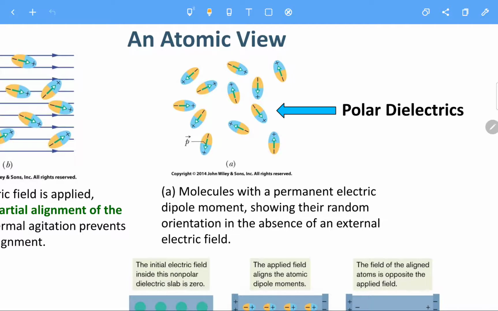Every dipole will point in a different direction randomly, so that overall the electric field generated by all these dipoles will cancel. It's just like after you finish the class, you will not all be facing the screen.